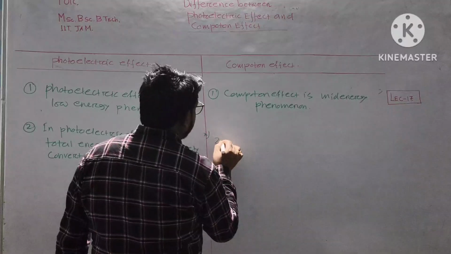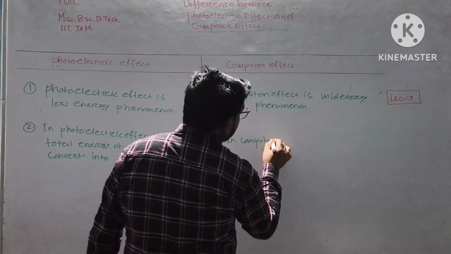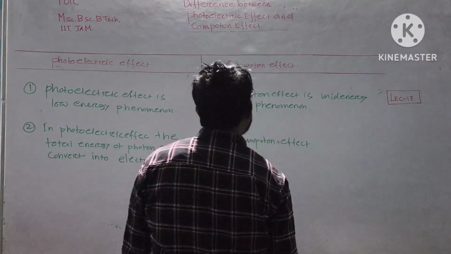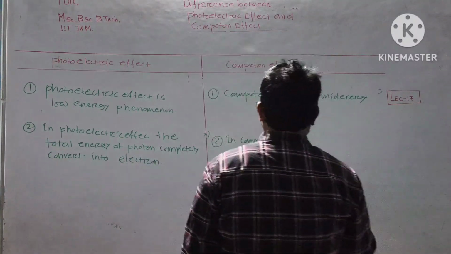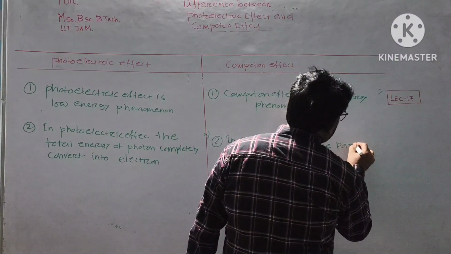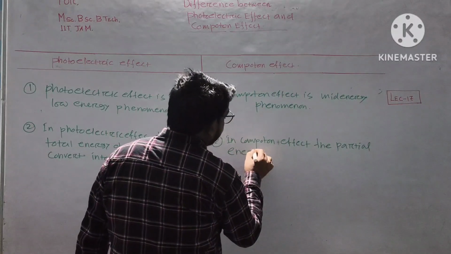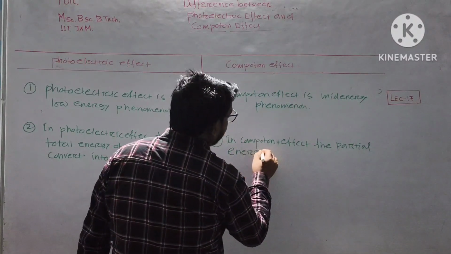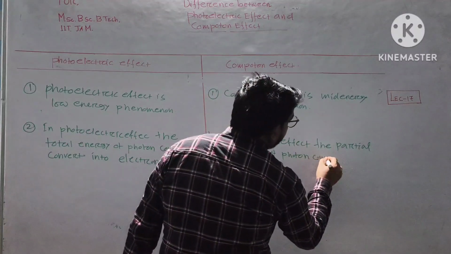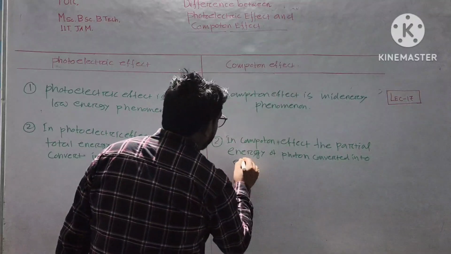On the other hand, in the Compton effect, the partial energy of the photon is converted into the electron.